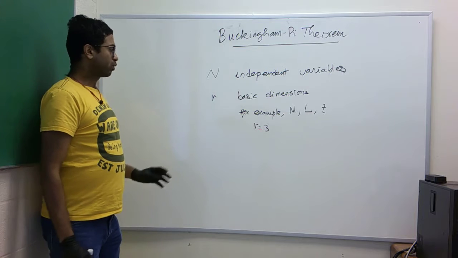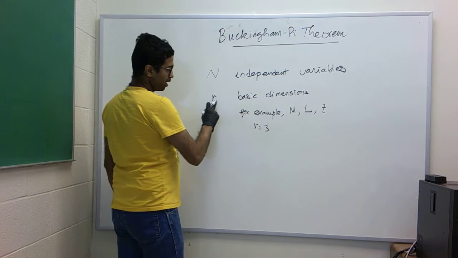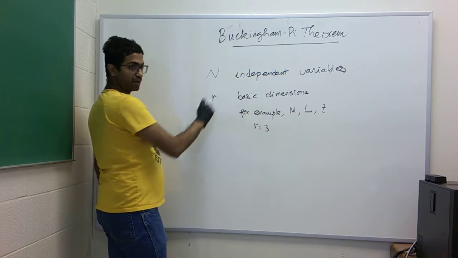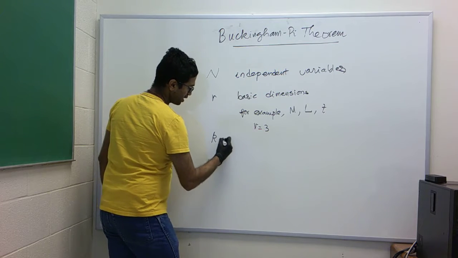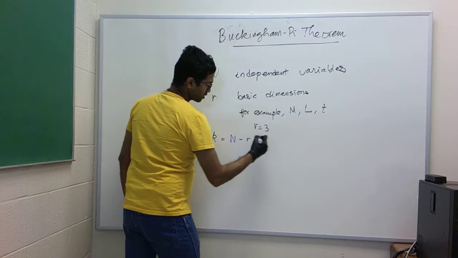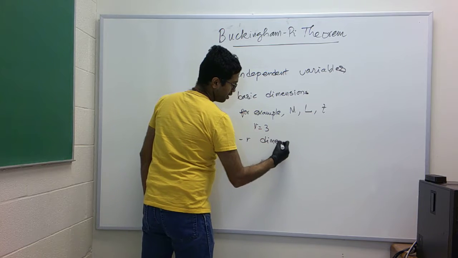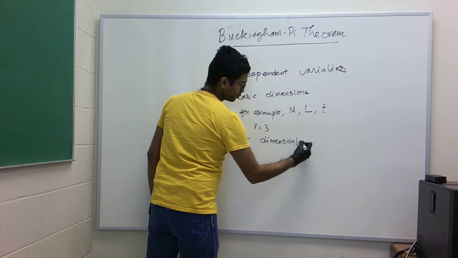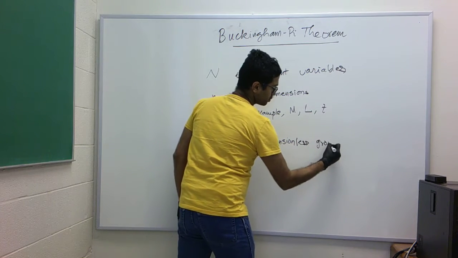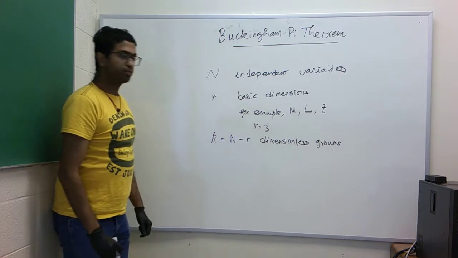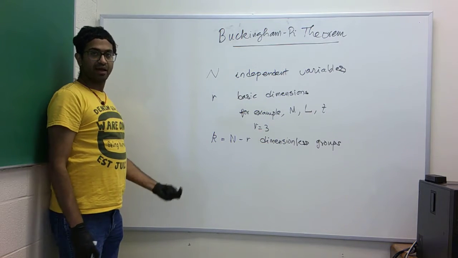Then you would have k equals n minus r dimensionless groups to represent the entire problem.